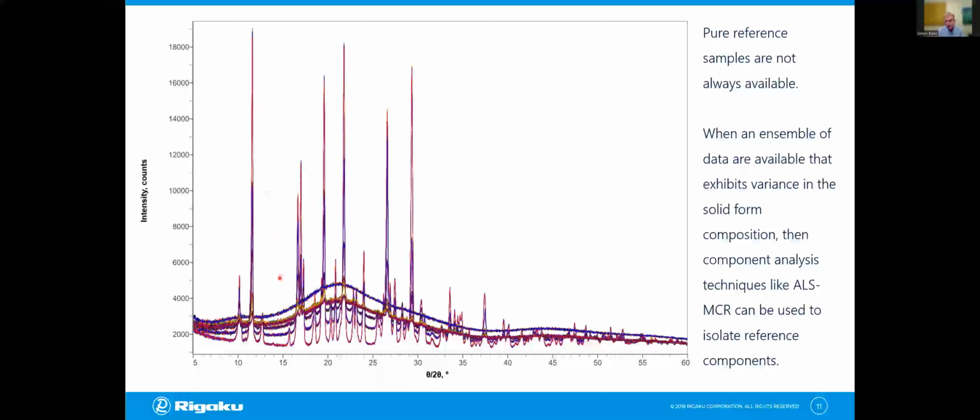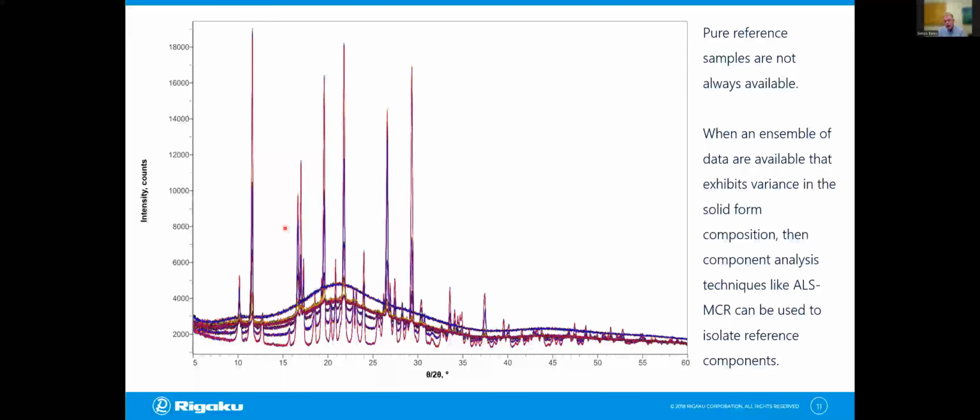Or you're looking at an intermediate, you can change the parameters there, or the concentrations, and generate multiple data sets, which we can use component analysis to extract out the individual reference components. So in this data here, I'm showing measured data collected on this indomethacin sample, going from amorphous through all these intermediate states of mixed amorphous crystalline.